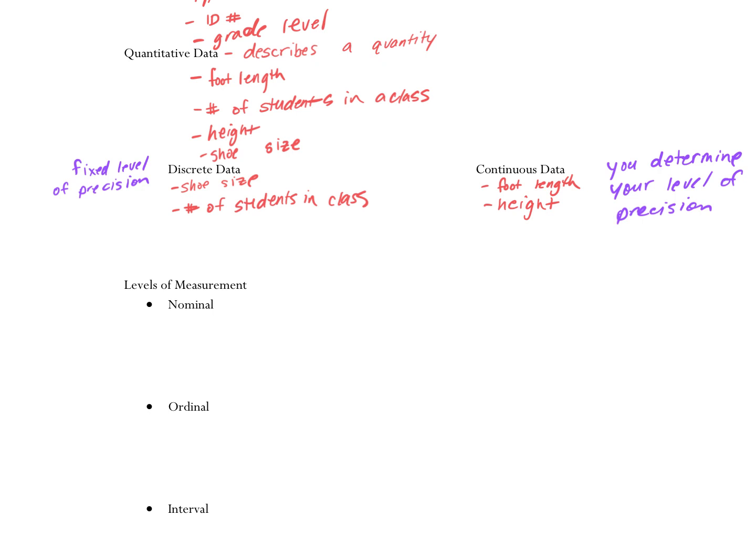So, for example, a researcher can decide to measure your foot to the nearest inch, to the nearest eighth of an inch, to the nearest centimeter, to the nearest millimeter. Your foot can be measured at any level of precision as decided. Does that kind of make some sense? But we can't have 2.375 students in my room. There's a jump there. Cool?